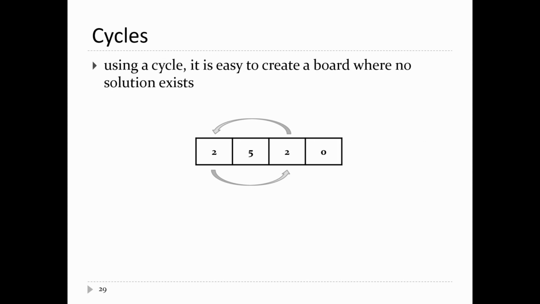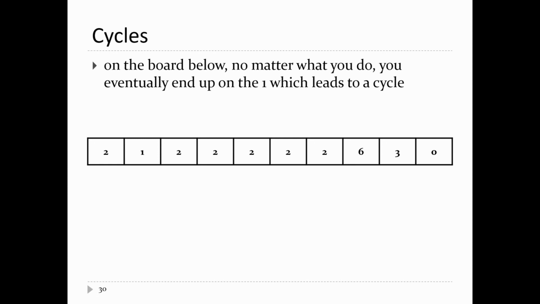And because cycles exist, it's easy to make boards where there's no solution. So this particular board is impossible to solve. So your algorithm needs to be able to detect whether it can actually find a solution. On this board here, it doesn't matter what you do.